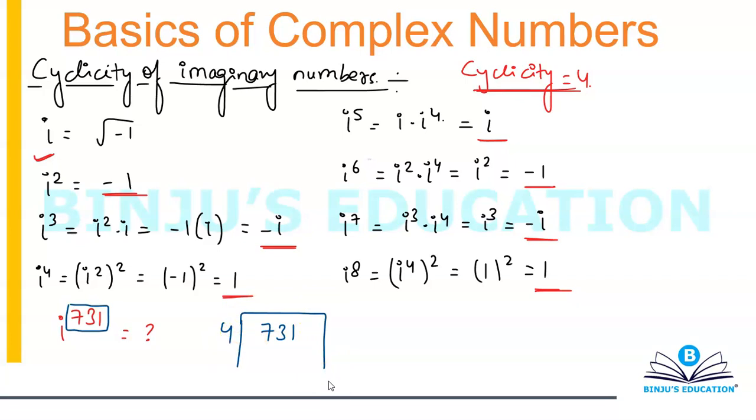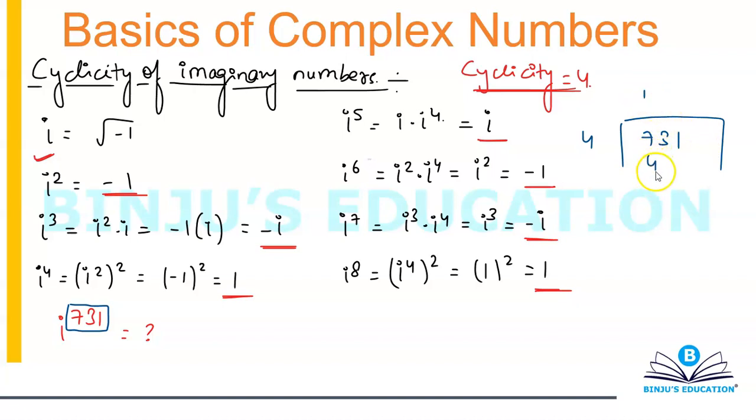What you're trying to do is basically find out the remainder. Okay, let me solve this somewhere here. I need more space. So 4 and 731.